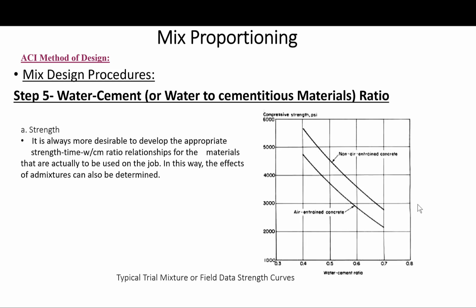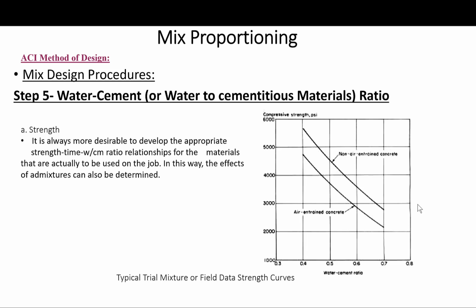Also, it is always more desirable to develop the appropriate strength, time, water cement ratio relationships for the materials, as I said, that are actually to be used on the job site, not necessarily a standard curve from the ACI manual. In this way, the effects of admixtures can also be determined.